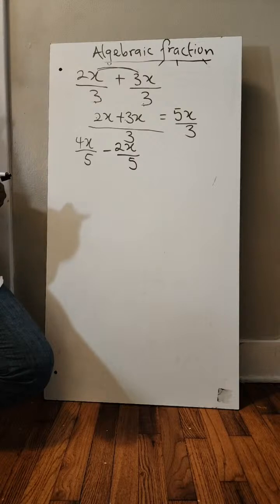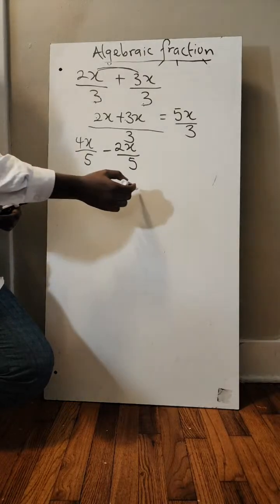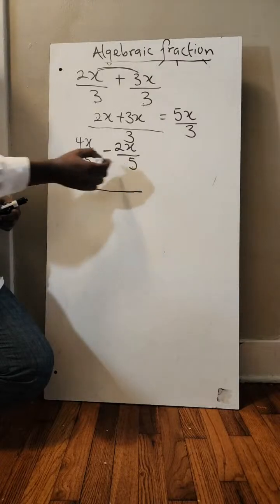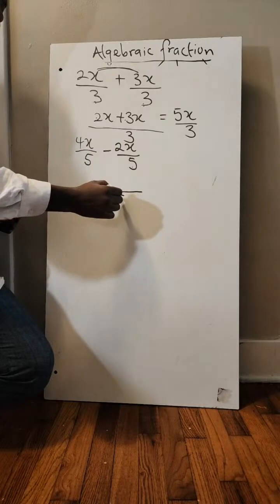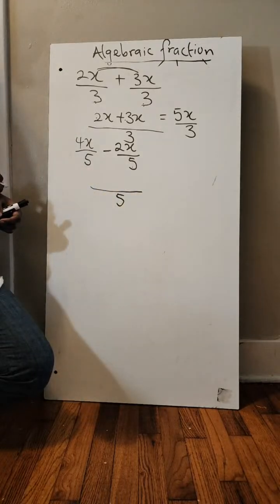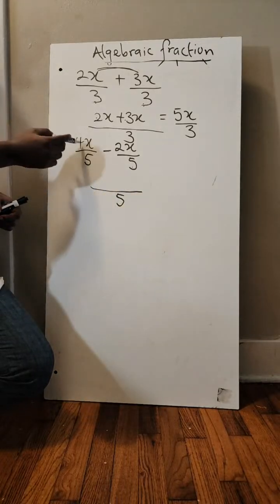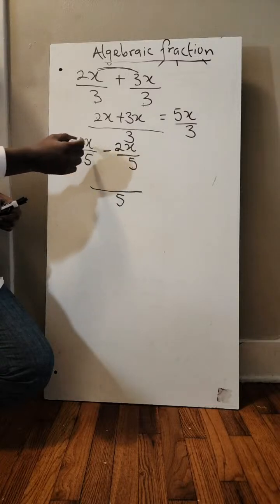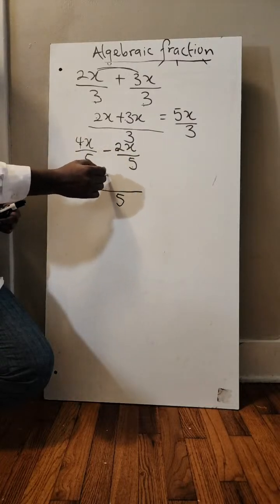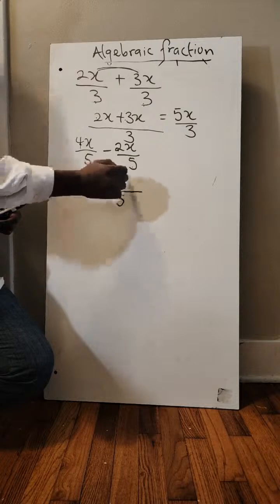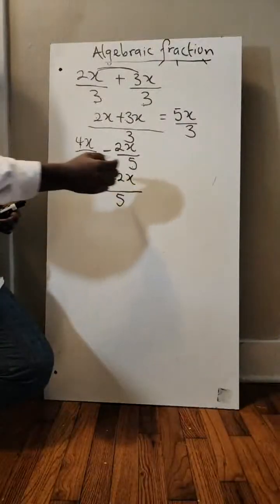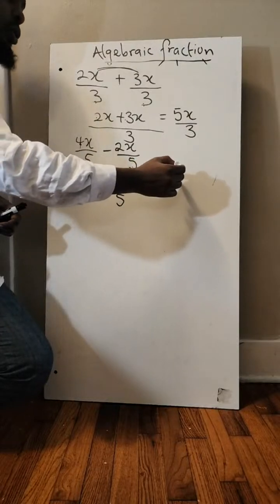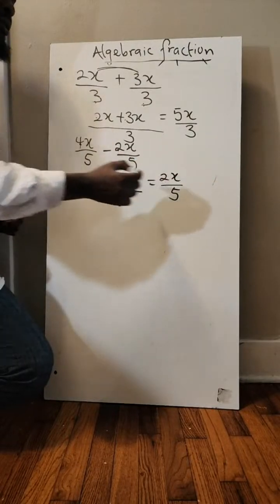You're having the same denominator of 5, so you can write out the same denominator of 5. And what are you going to do? Look at the numerators, which is 4x minus 2x. And here we have 2x over 5.